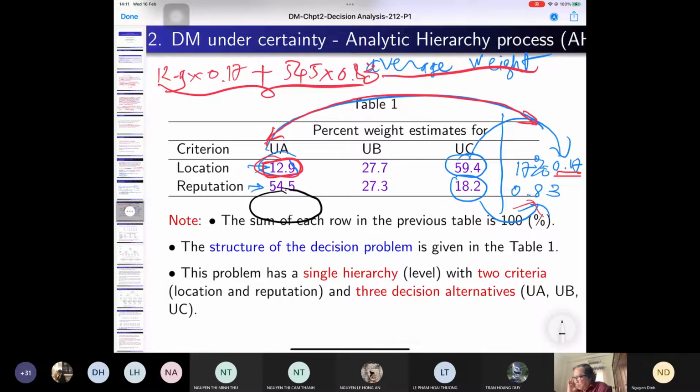Oh my god, multiplied by 0.83, but I typed 83, so divided by 100, and then that's equal to, oh my god, what is it?